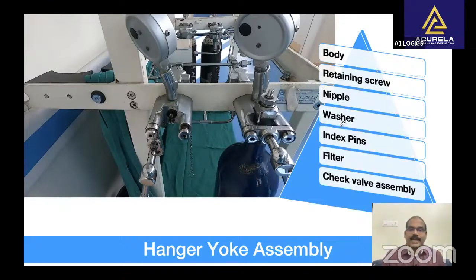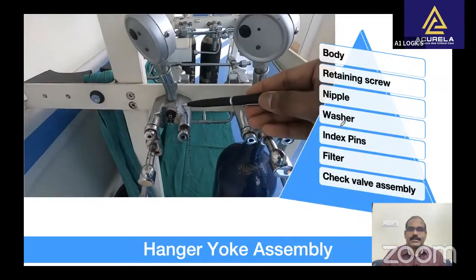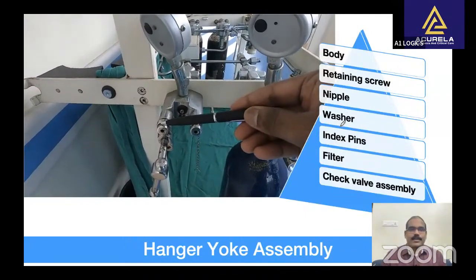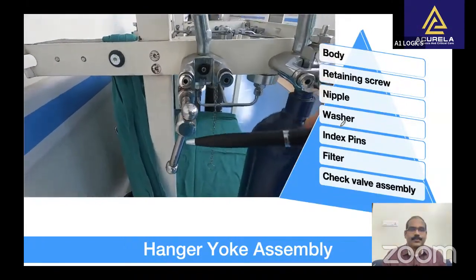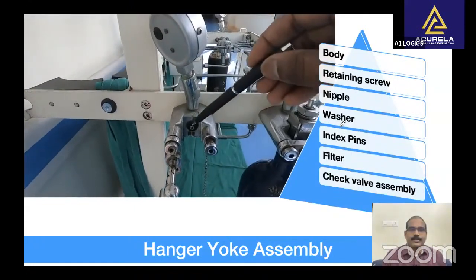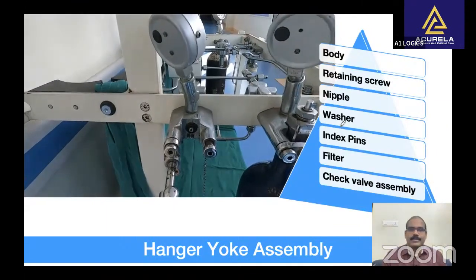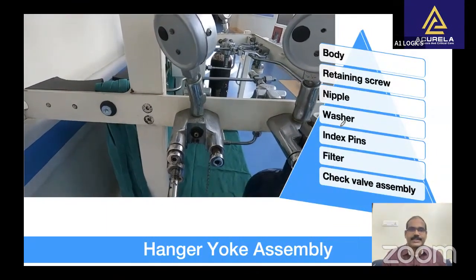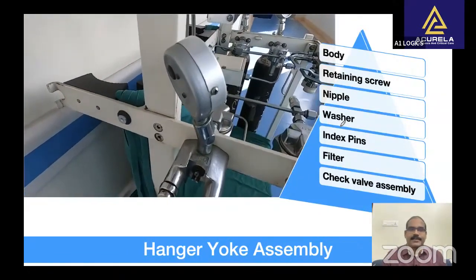You can identify the body, the swivel gate with retaining screw. This is the retaining screw. The nipple through which gas enters, the Bodok seal, the safety feature index pins of pin index safety system, and inside are the filter and check valve assembly.